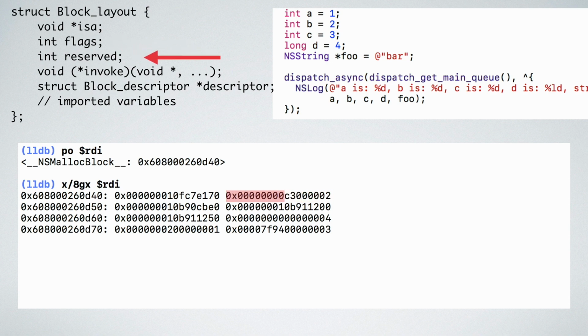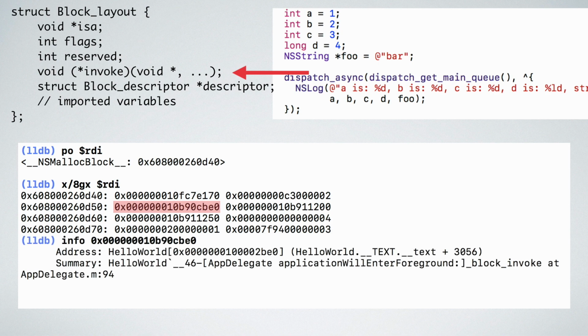So after that, we've got a reserved. After that, we have our invoke function pointer. Here's another custom command that I have in that repo called info. What I'm doing here is getting this address and figuring out the info of it, and it'll tell me that this address is in the text segment, in the text section.